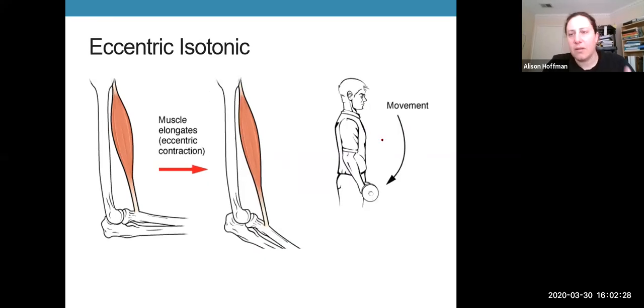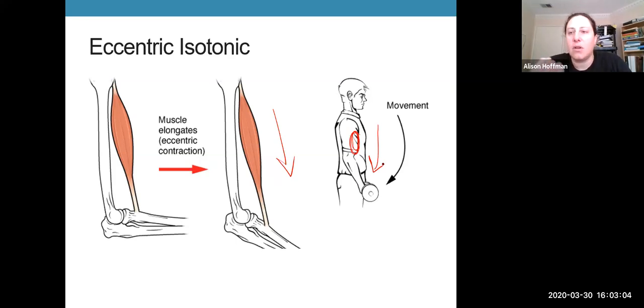This is the weird one, eccentric isotonic contractions. So here the muscle is generating tension. Sorry, lost words. It happens, but anyway, we're generating force, but we're actually letting the muscle lengthen. And so here we have a movement where this would be what's happening in the biceps as it lets the arm lower this weight, because we're controlling that movement instead of just letting your arm flop down and damaging your elbow or something like that.